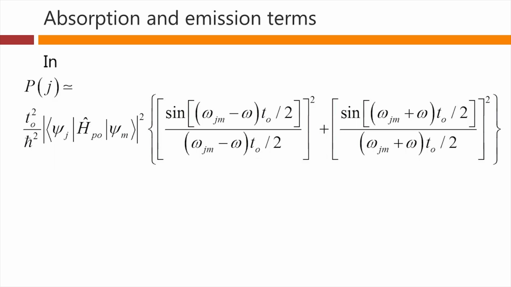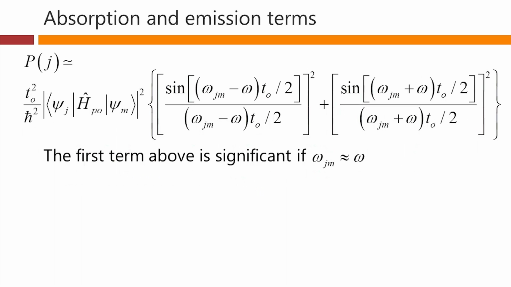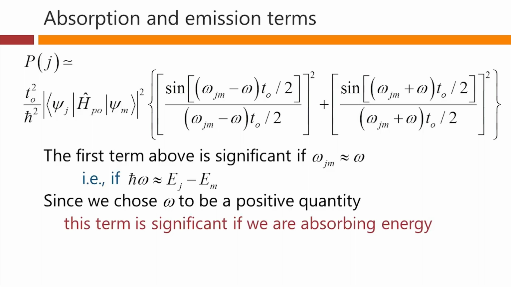In this expression here, what is the meaning then of these two different terms? Well, the first term here is significant if omega jm is approximately equal to omega. That is, if the energy h bar omega is approximately equal to Ej minus Em. Since we chose omega to be a positive quantity, this term is significant then if we are absorbing energy.